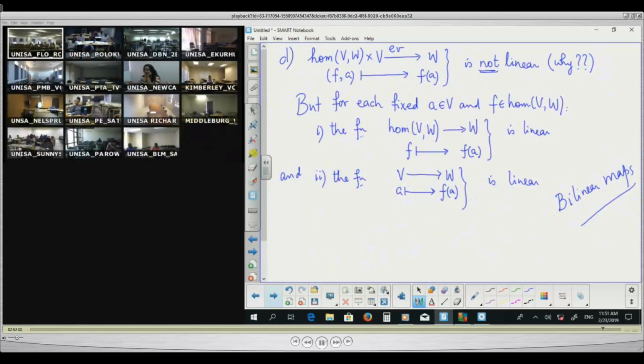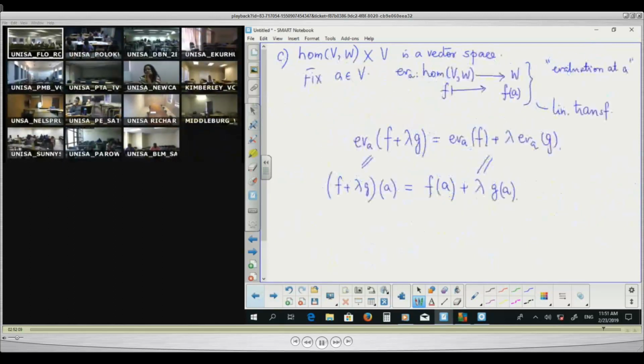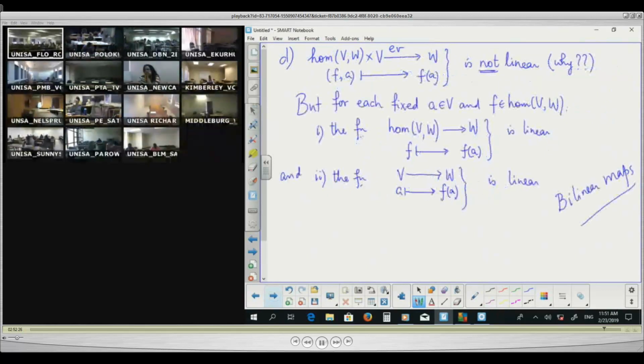Yes, sure. Okay. So we saw in C that if you fix an A, this was a linear map, right? The evaluation at A turned out to be a linear map. Now, this one, since we have already shown Hom(V, W) is a vector space, so Hom(V, W) cross V, by one of our previous results, is also a vector space, and we tried to extend that evaluation now.